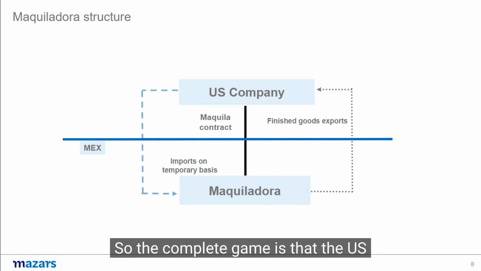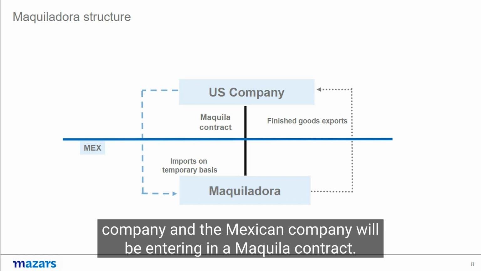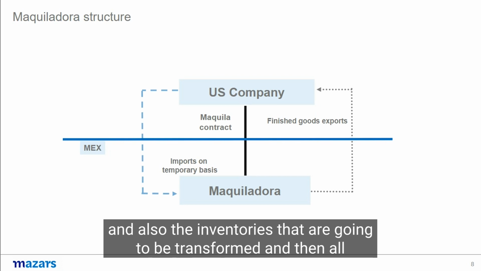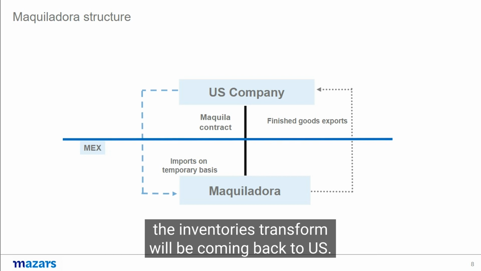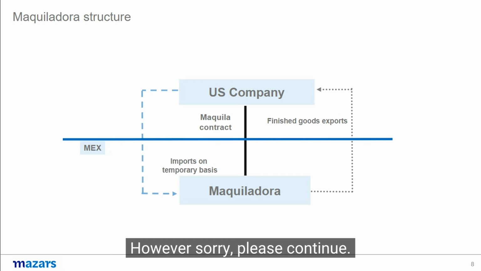So the complete scheme is that the US company and the Mexican company will be entering into a maquila contract, and then the US company will be providing the fixed assets to develop this activity, and also the inventory that is going to be transformed. And then all the inventories transformed will be coming back to the US. And basically, this is the whole structure of the Maquiladora program.